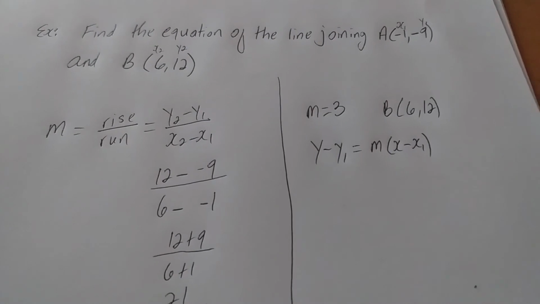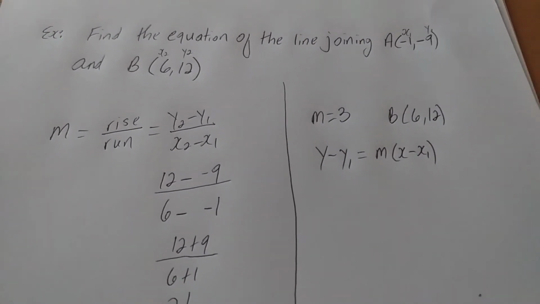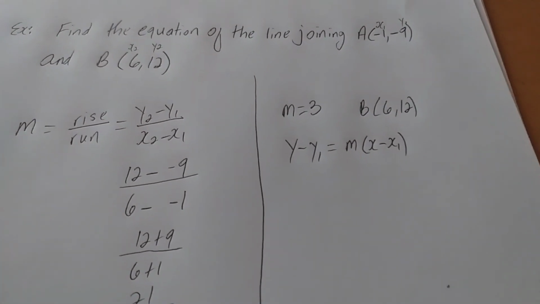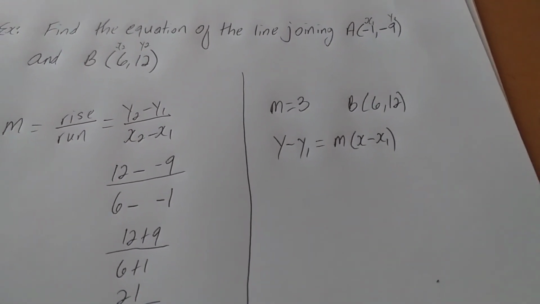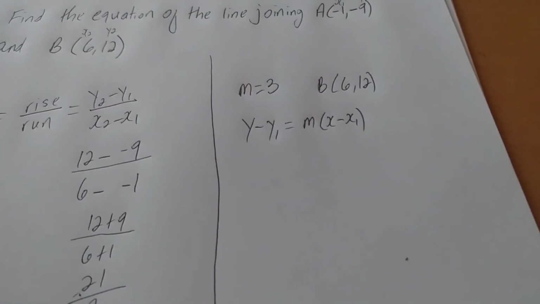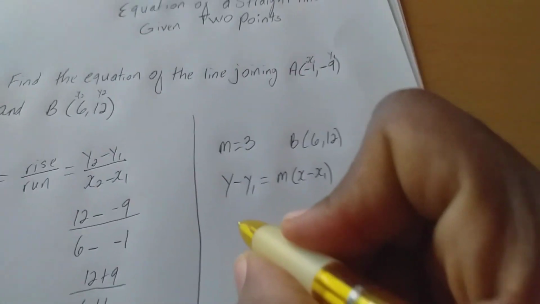Y1 and x1, these are not fixed. These are based on the point that you decided to choose first. So since I am now choosing the point B, my x1 is 6 and my y1 is now 12. And remember, you replace y1, m, and x1 in the general form to find the equation.